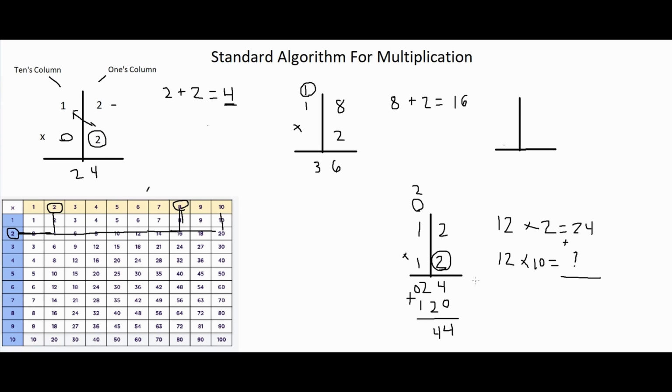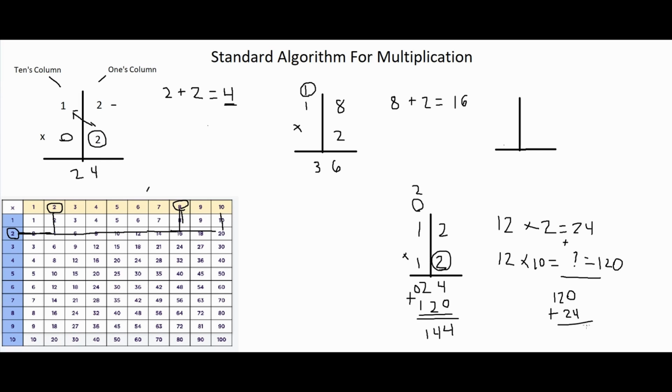And then over here, let me fix this. If we replace this question mark with a 1, it is equal to 120, because we find out that it's 120. So then the question mark is equal to 120, and then we add 120 plus 24.